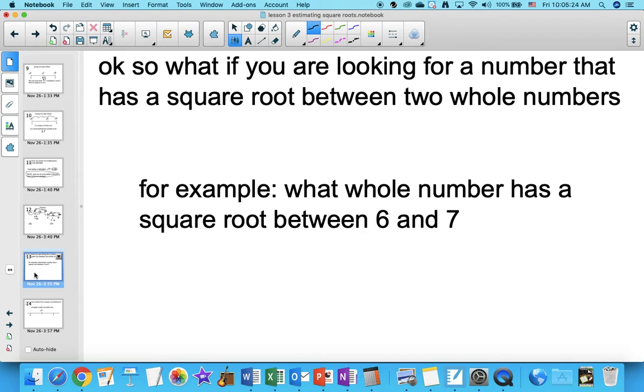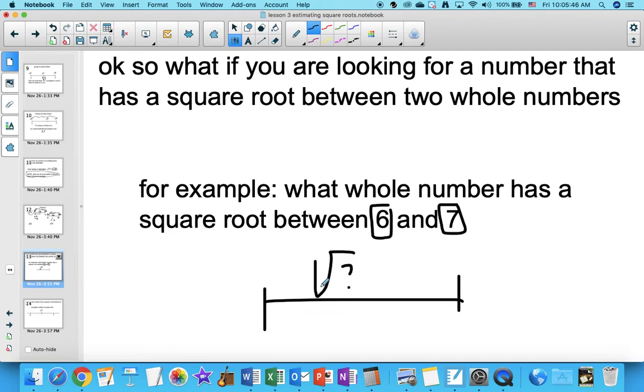In this one, I'm giving you 2 numbers, right? And I'm saying the square root, what whole number has a square root between 6 and 7? So what number on a number line would be between 6 and 7?